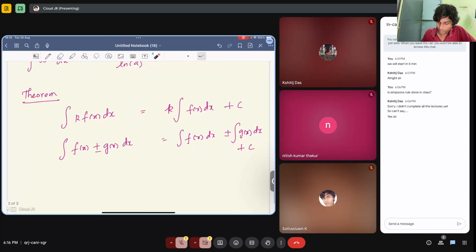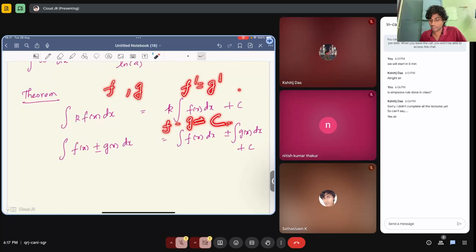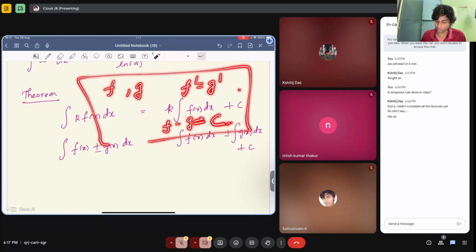So if you have two differentiable functions f and g, such that their derivatives are the same, f dash is equal to g dash, then what we know is f minus g is a constant. This we have done in the last class, and you can try to prove it by yourself. It's not very hard to do.